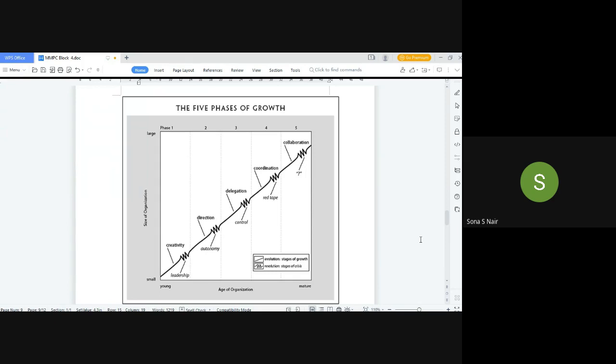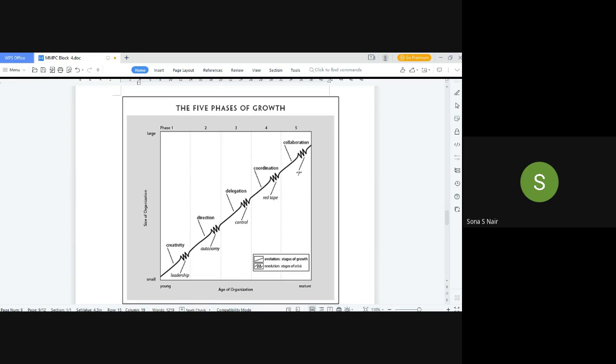What would they want now? They would want some kind of freedom to work. They would need to get some authority to work. Okay, so there is a need for delegation now, and this crisis is called the autonomy crisis, the crisis of autonomy, right?